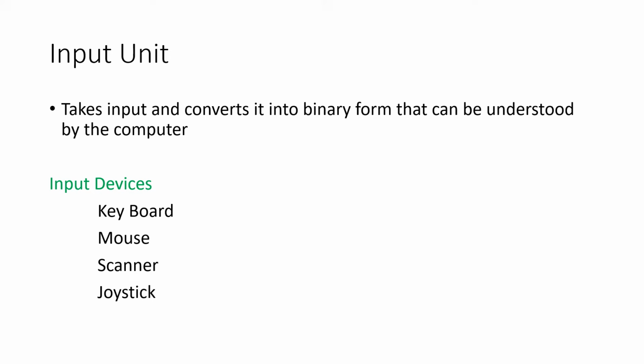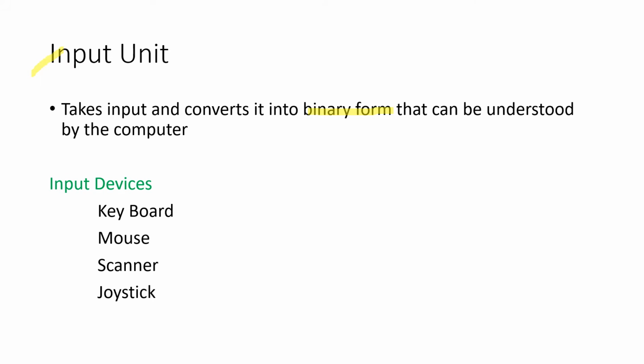The first unit we're going to look into is the input unit. So what is an input unit? An input unit takes the input from the user and converts it into binary form so it can be understood by the computer. I can give you an example. If, as a user, we are entering data in a Word document, we will be entering alphabets, words and sentences.